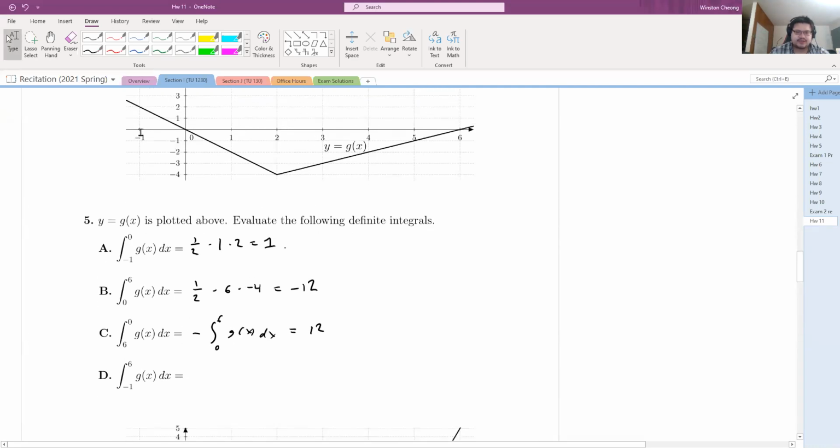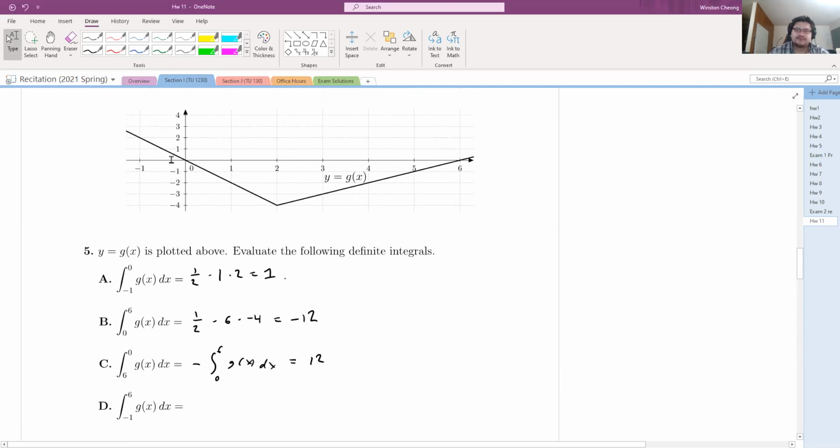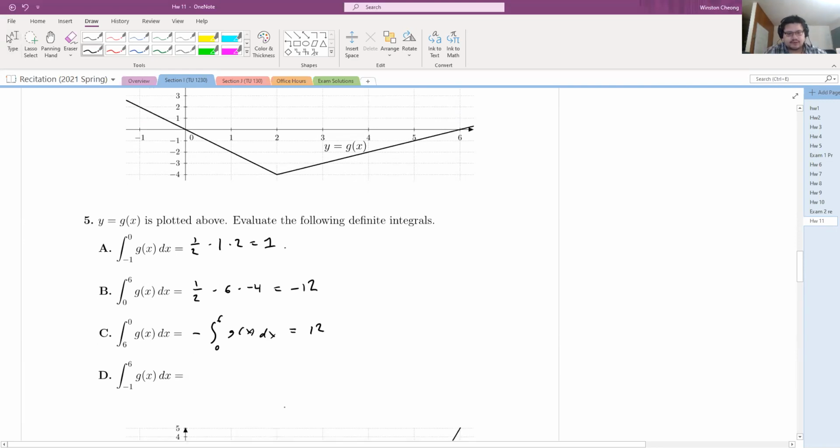So we previously calculated the integral from -1 to 0. We also calculated the integral from 0 to 6. And now we're being asked to find the integral from -1 all the way to 6. So like you'd expect from your geometric intuition, you could just add the 2 previous results in order to calculate the overall thing. And you absolutely can do that.